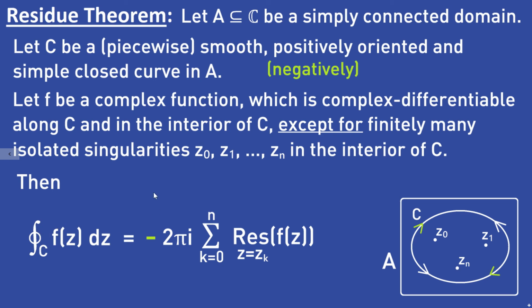If there are no isolated singularities in the interior of the curve, the integral simply becomes 0. That's the statement of Cauchy's integral theorem.